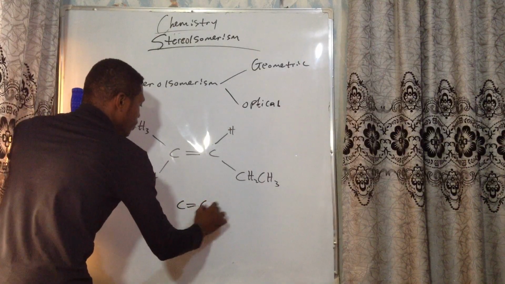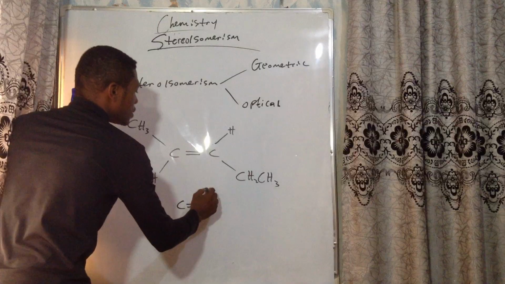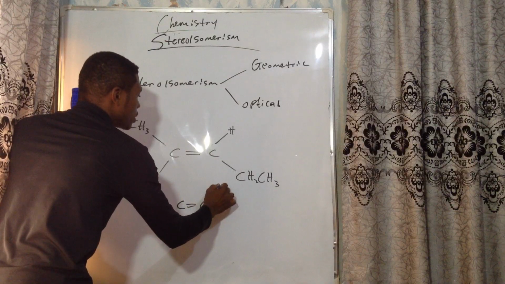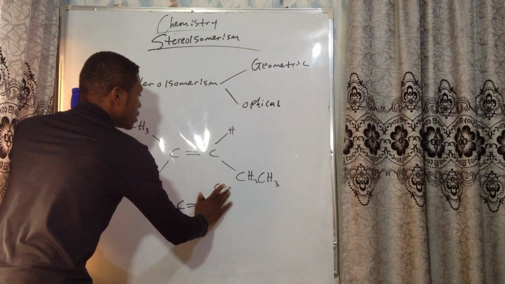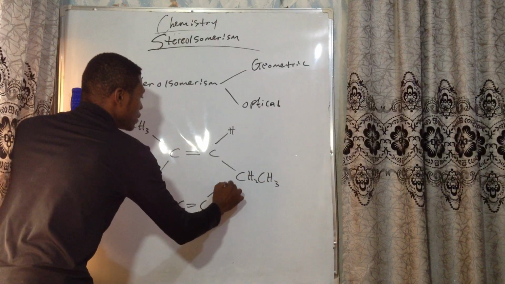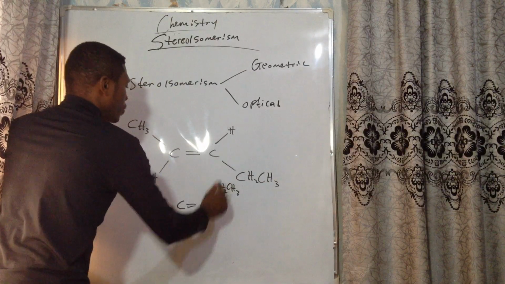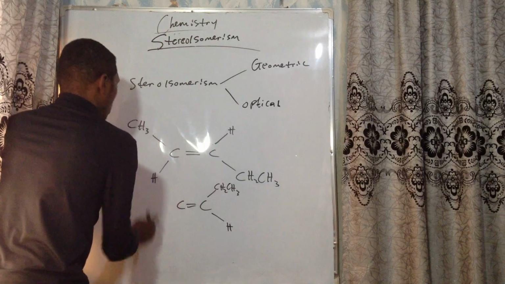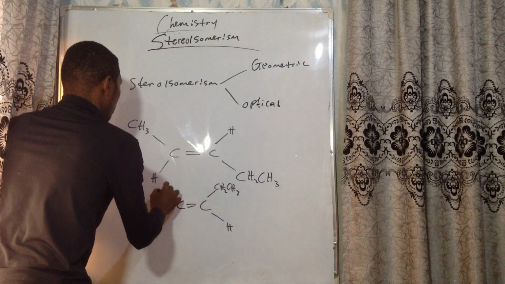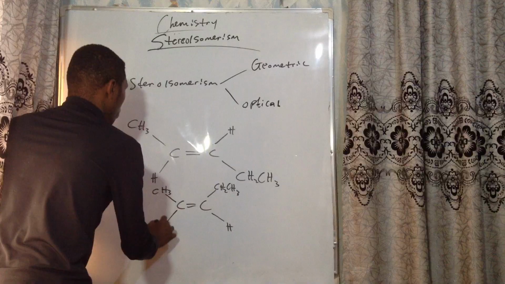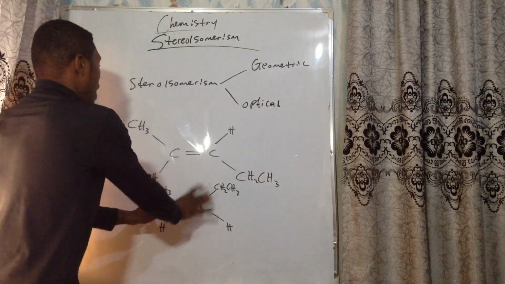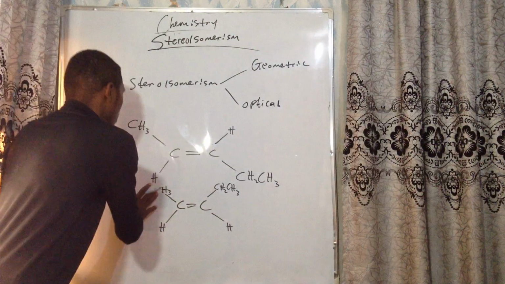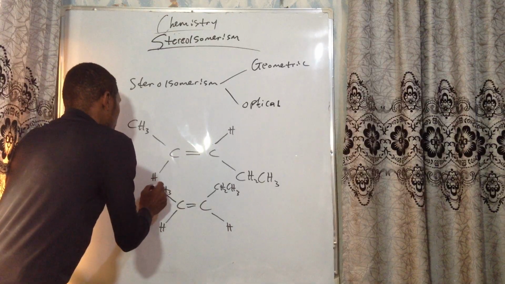This is C. So in this other isomer, this C2, CH2, CH3 will be up and the H will be down. And this one is already up, CH3, and the H will be down. Now, this is another isomer of it.